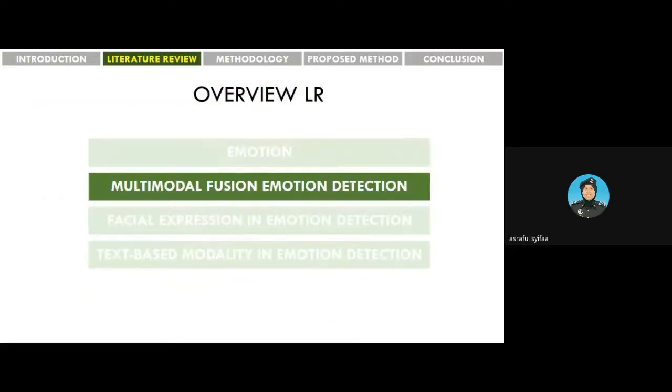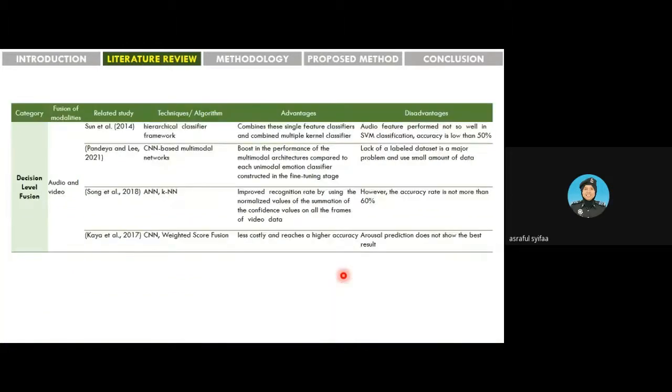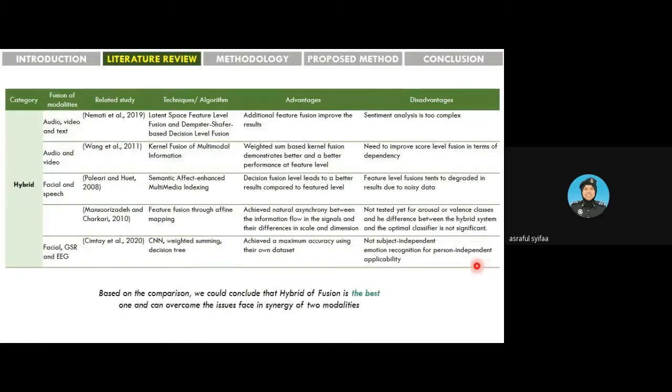So next is multimodal fusion emotion detection. As I was told before, it can be divided into 3 categories of level. First is feature level fusion, second is decision level fusion, and lastly is hybrid. So this is previous study about feature level fusion, followed by decision level fusion, and lastly the hybrid one.